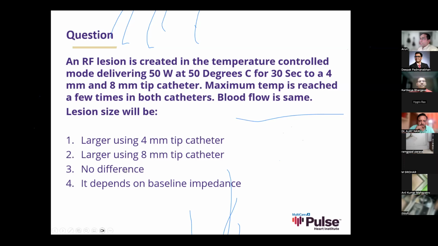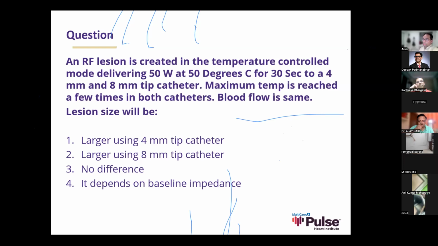An RF lesion is created in a temperature control mode, delivering 50 watts at 50 degrees Celsius for 30 seconds to a 4 millimeter and an 8 millimeter tip catheter. Maximum temperature is reached a few times in both catheters. Blood flow is the same. So like Dr. Bhargava was just mentioning, when you set a temperature at 50, sometimes the maximum temperature is reached.